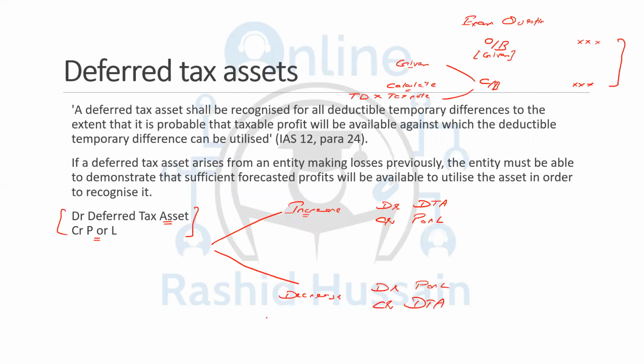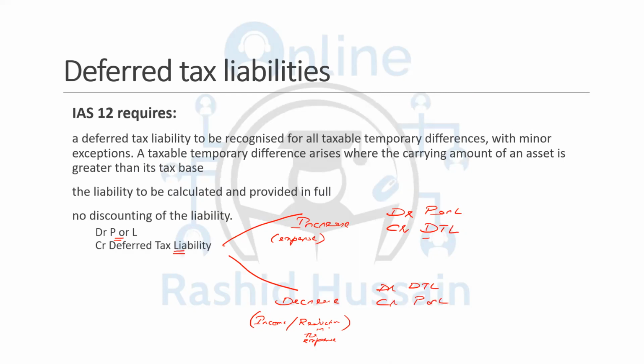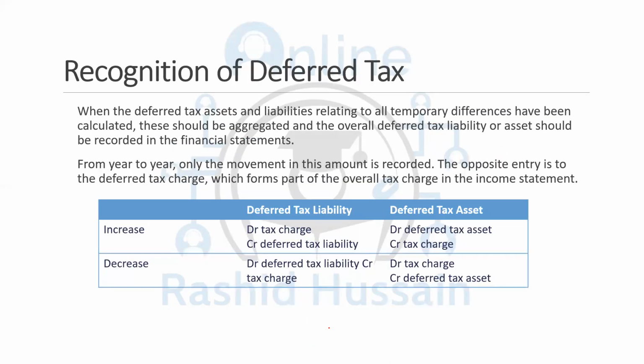Similarly, when you have an increase in the deferred tax asset, this is recorded as income. Or when there's a decrease, you can simply say it's an expense, or a reduction in the income. But income and expense should be the appropriate terms to use here. Now, this is the double entry chart, which I have already provided to you, increase and decrease.